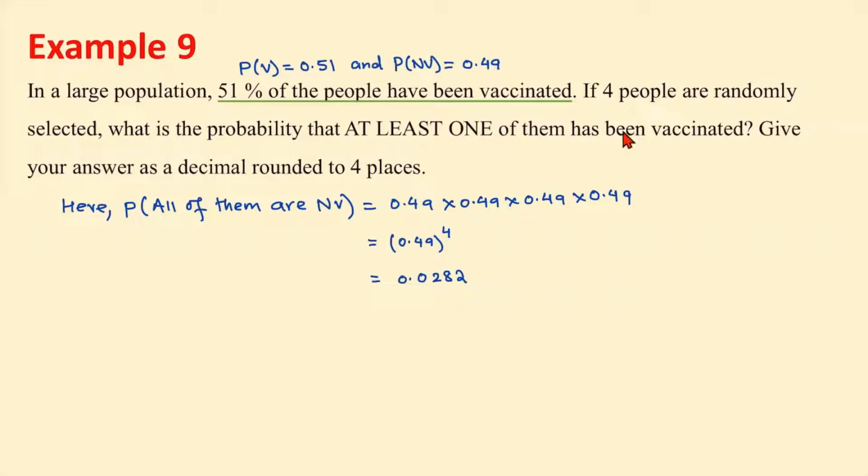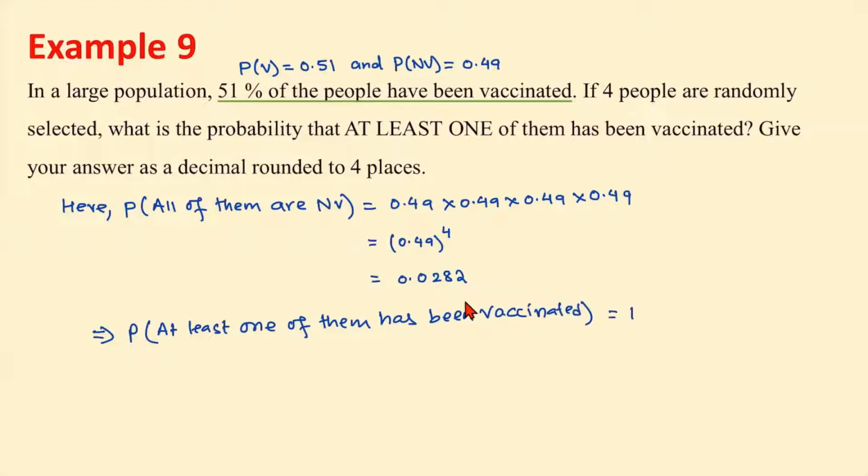That is the probability that all of them are not vaccinated. Now, the probability that at least one of them has been vaccinated is the complement of this one. So the probability that at least one has been vaccinated is equal to 1 minus 0.0282, which gives 0.9718.